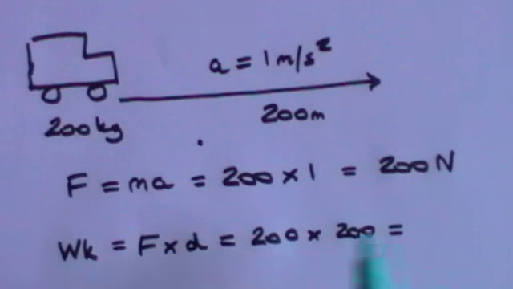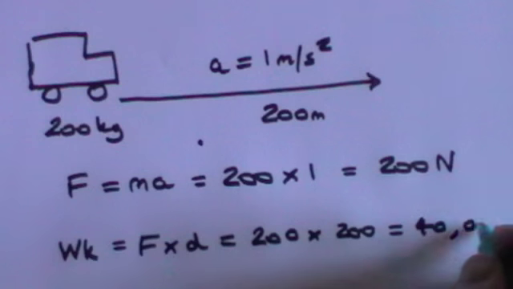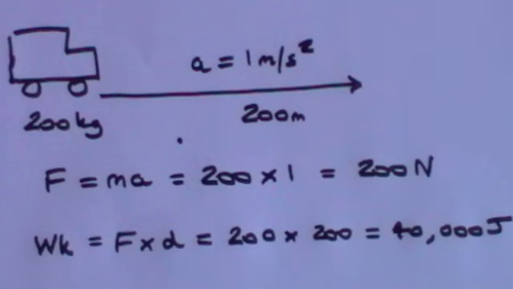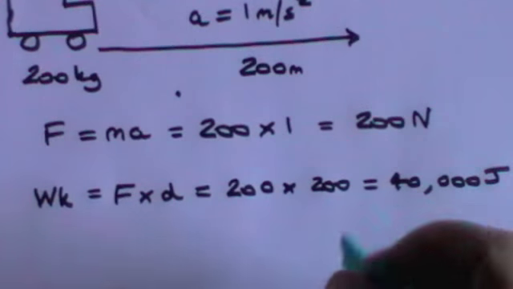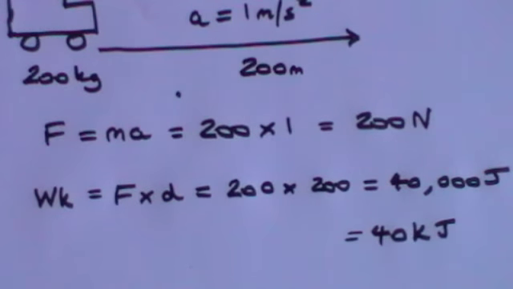So now the work done is 200 times 200, which is 40,000 joules. You can write that as 40 kilojoules, where the K is essentially 1,000. So 40,000 is the same as 40K.